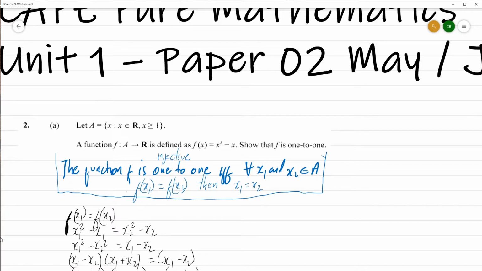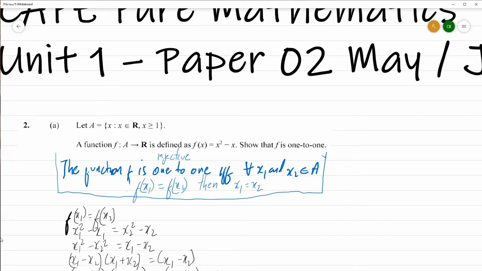Draw a big bracket. This will turn to minus 1 is equal to 0. So it is better to write the expression like this, x1 minus x2 into this big bracket x1 plus x2 minus 1, than to cancel it. So you're able to keep both solutions.